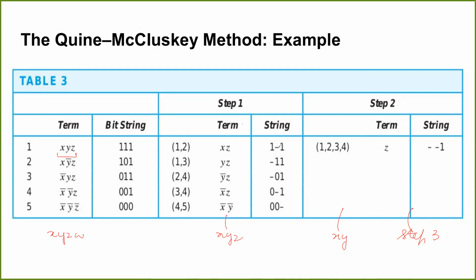Here you look that it should differ in one variable. Here you look, the dash should be at the same position and it should differ in one variable. So what would you be looking at in step 3 if you had 4 variables? Just try to logically generalize it. That's where you understand a technique. If I had to logically generalize it to 4 variables, definitely I would have a step 3 as well.